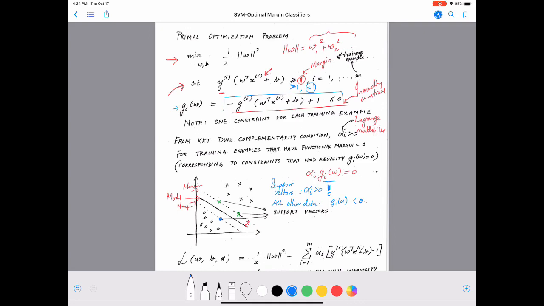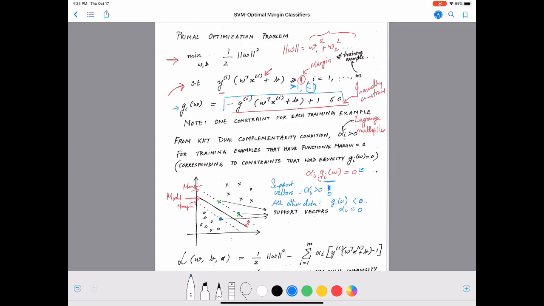So it's not equal to 0, which means that alpha i should be equal to 0 for this product to be equal to 0. I'm reminding this multiple times in videos because this forms the basis of support vector machines. The points on the margin are the support vectors, and for the support vectors, gi of w is equal to 0, and only those alpha i's matter.